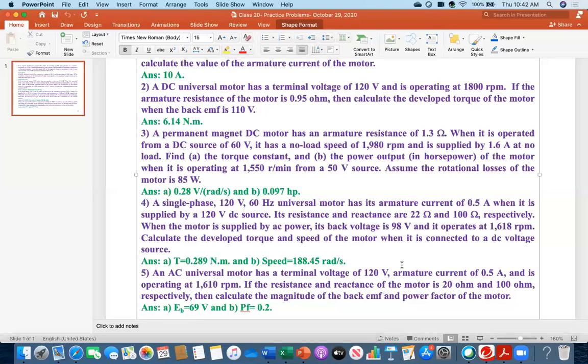Or without the angle, if you use the impedance triangle, you remember the impedance triangle: the x-axis base is R, the vertical axis is X, and the hypotenuse is Z. Z is root over R square plus X square.